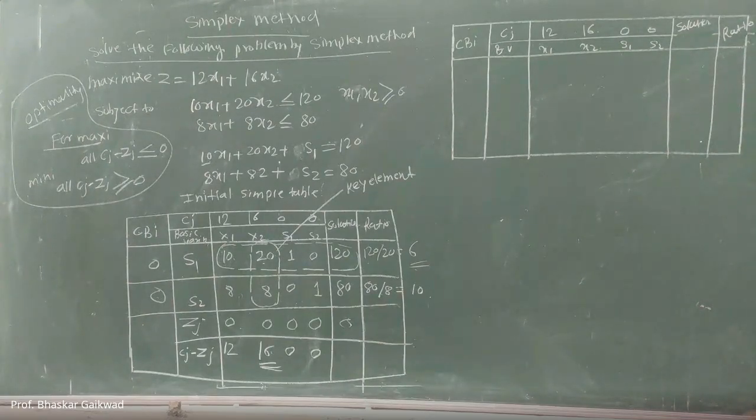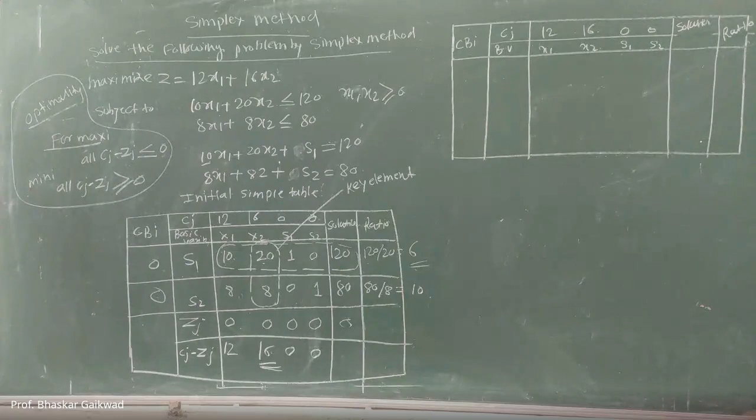So we make the next table just like the previous table. Here the key element is 20. Now we divide each element by the key element. But in the first table, S1 is the outgoing variable, replaced by X2 at the key element.